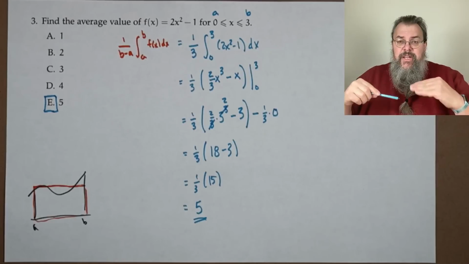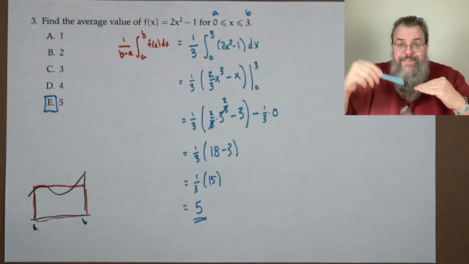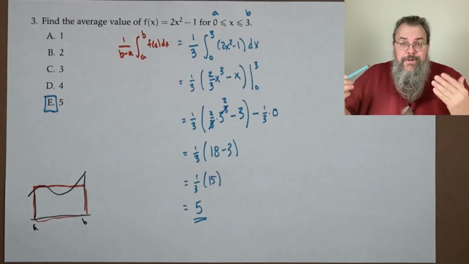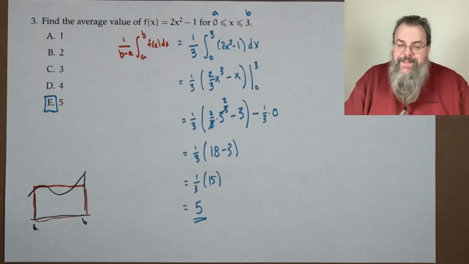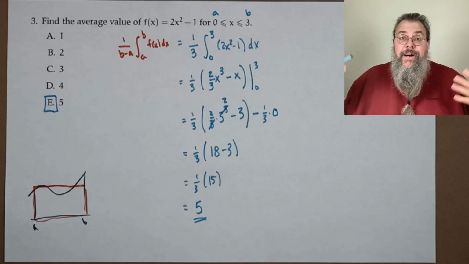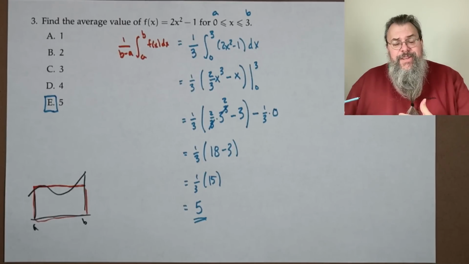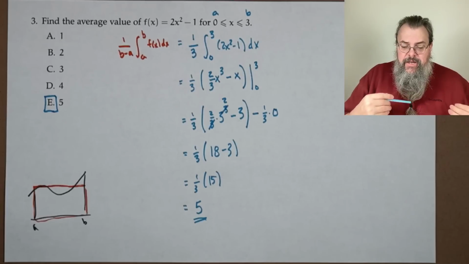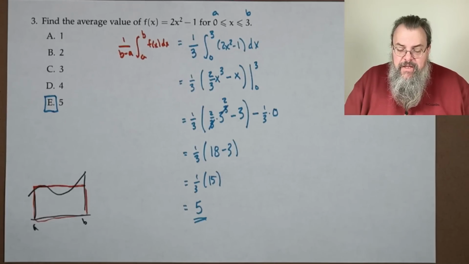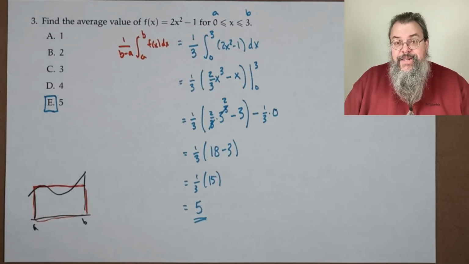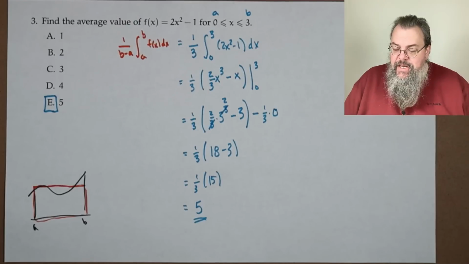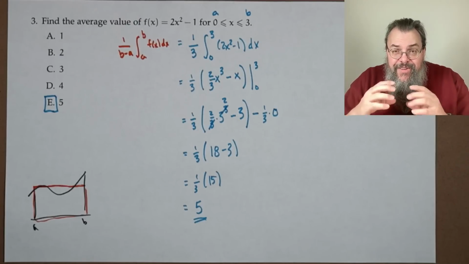So you'd expect it should be something roughly between -1 and 17. Well, it turns out 5 is roughly between -1 and 17. If we got an answer like 100, that would be pretty unreasonable. We'd want to go back and check our work. Maybe we forgot something like the 1/3.